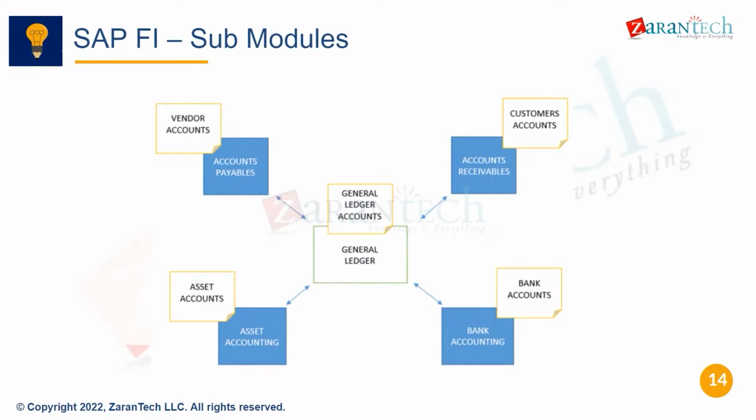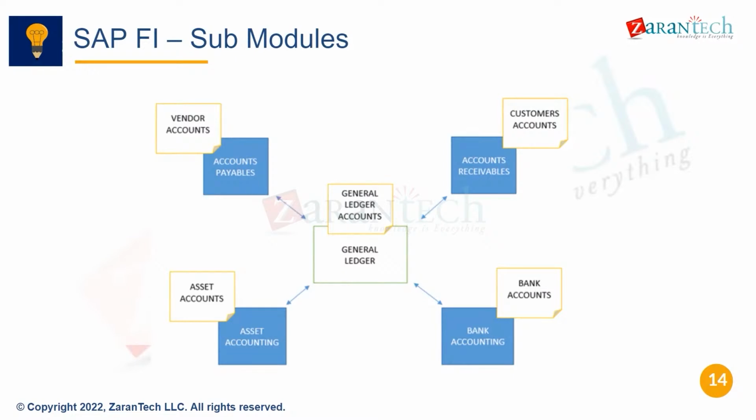We might be having foreign vendors, domestic vendors, and the payments would be different. And also there might be several other procurements that are related to direct procurement or indirect procurement, and it will have the integration with the materials management module. So we'll learn all these topics in accounts payable.